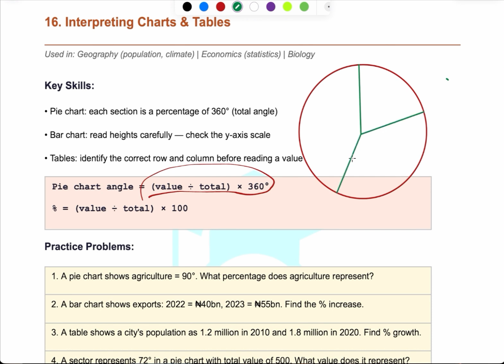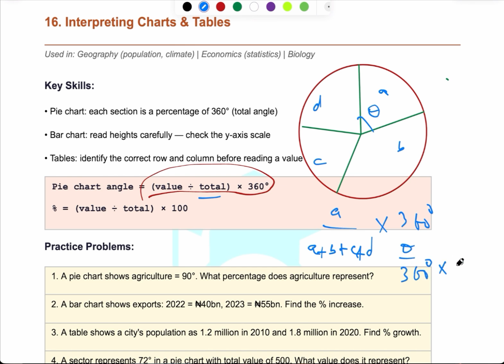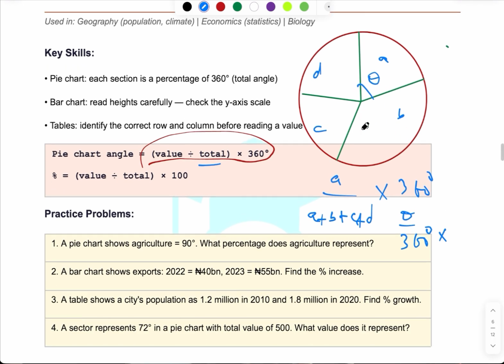So if you have A here, B here, C here, and D here, the total of A, B, C and D is the total I meant, and each value, A divided by A plus B plus C plus D times 360 degrees, will give you the corresponding angle of A. But if what you have already is the angle that A subtends, let's say the angle is theta, and you want to find the value of A, that will be theta divided by 360 degrees multiplied by the total, which is A plus B plus C plus D. That's how I interpret pie charts.